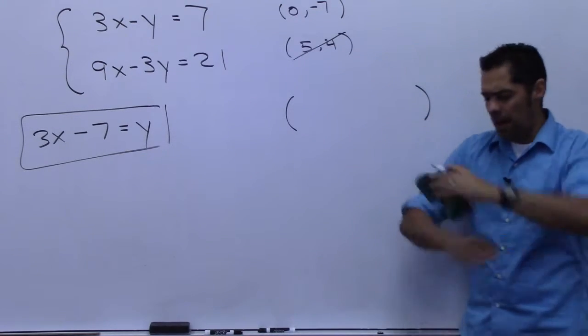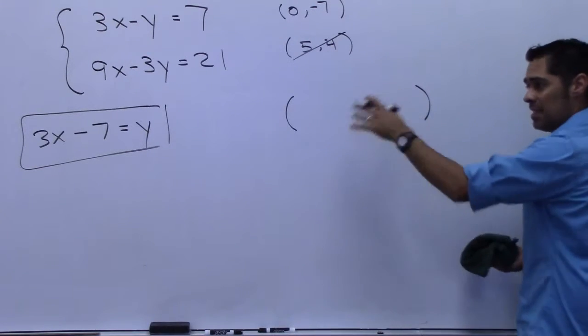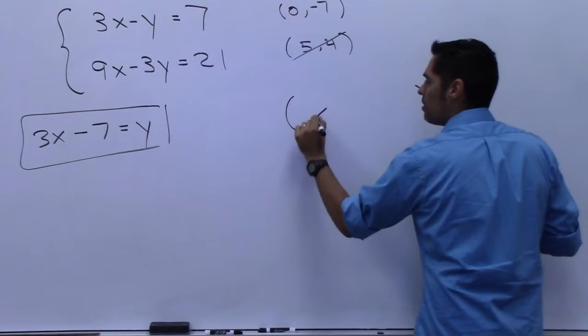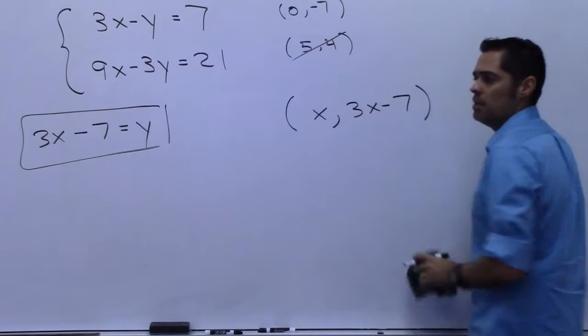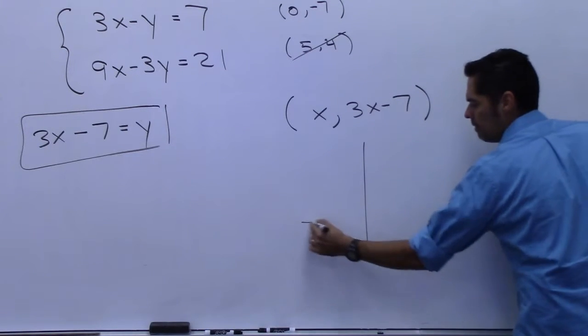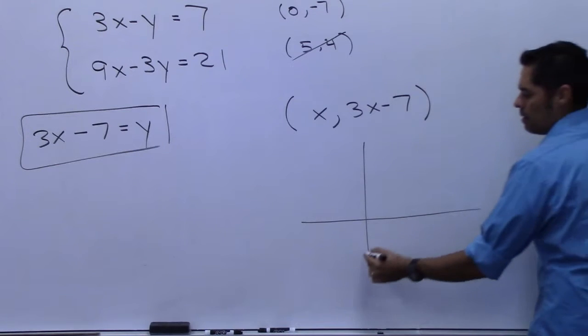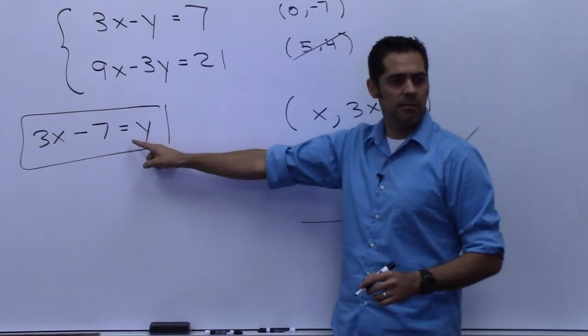If we get parallel lines, we say no solution, right? But if it's this case, what we do is we write x, and then over here, 3x minus 7. Now, what did I do there? What am I saying? They're one and the same. This is this line, right?